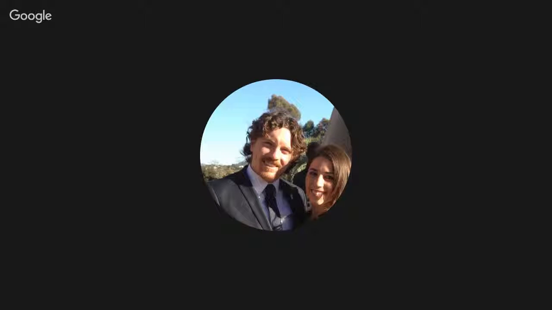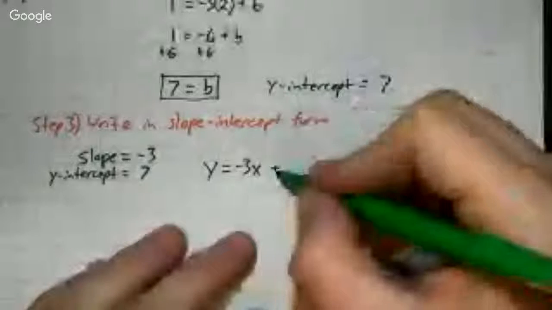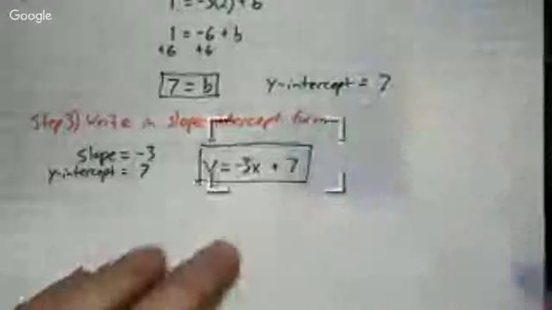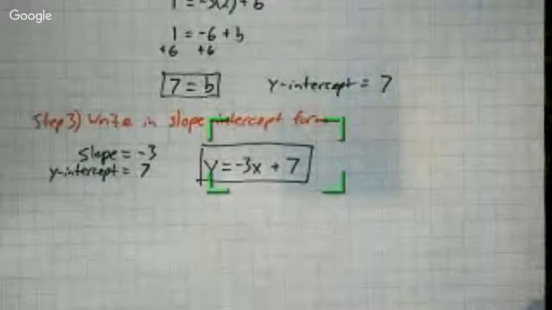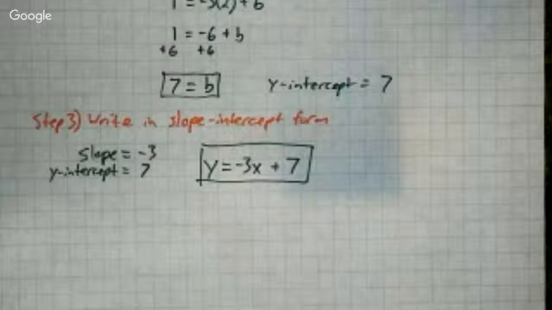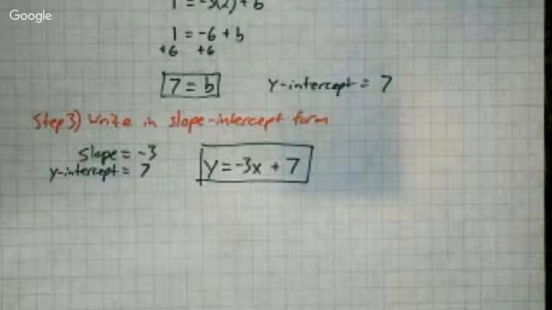Let's just plug all the information in. y equals m, which is going to be our slope, x plus b, which is going to be our y-intercept. And look at that. We found our slope-intercept form. So all you need is bits and pieces of information, and you can solve for everything else.